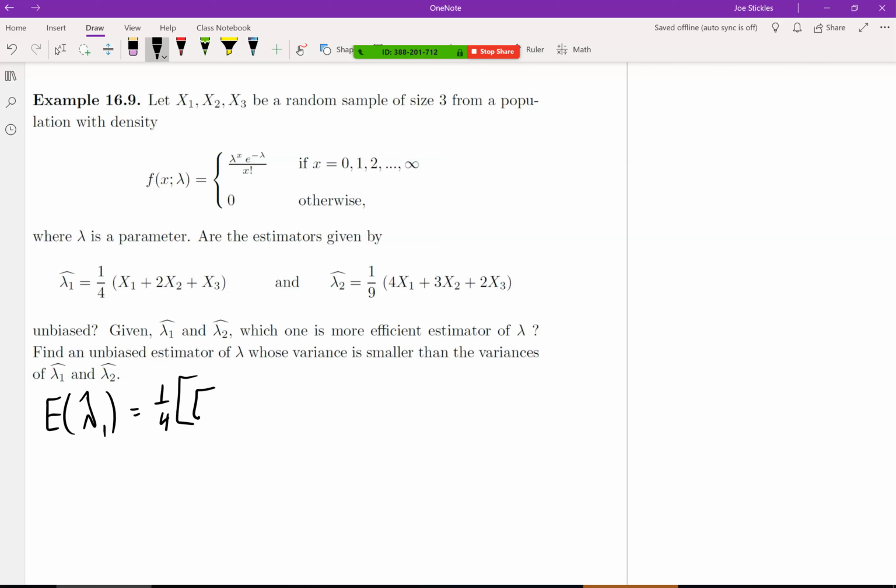So I get 1/4 of the expected value of x1 plus 2 expected value of x2, plus expected value of x3.